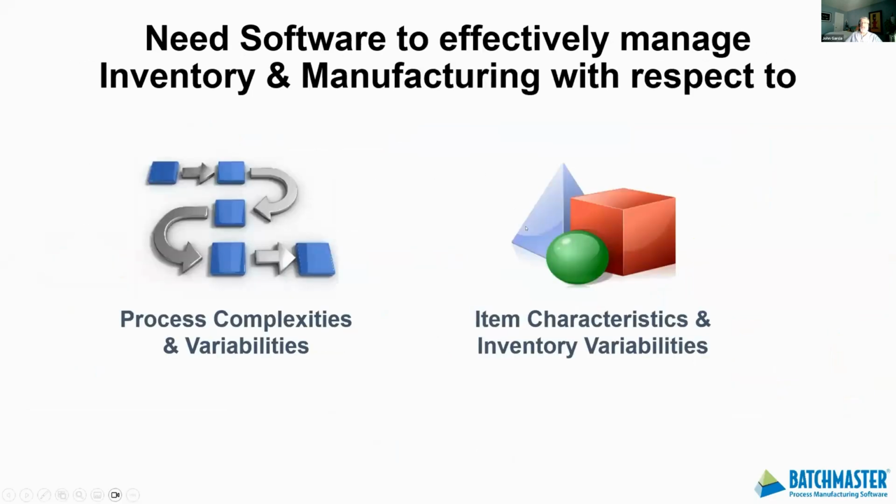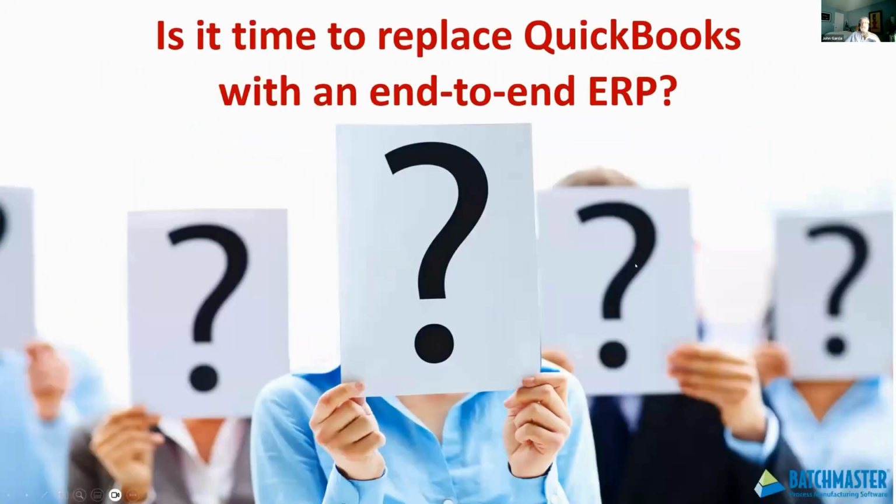How do you manage all the complexities in the process and the item characteristics and the inventory variabilities? Because in the discrete world of apparel, industrial equipment, electronics, it's pretty straightforward. But item characteristics and the variability change when you're in the food, chemical, life science, and nutritional.